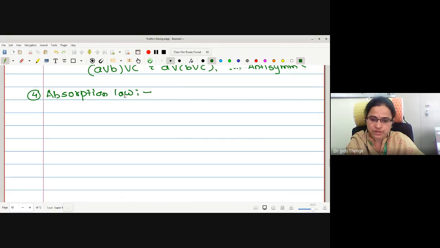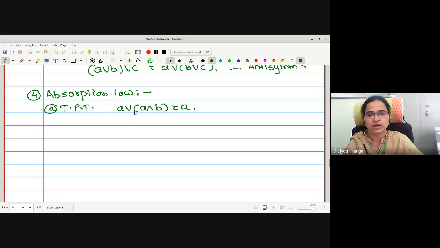What is absorption law? First, to prove that A join A meet B is equal to A. Here A repeats twice, B comes once, therefore B gets absorbed in A. Now to prove this, what will we do? We will start to prove that A join A meet B is the least upper bound of A and A meet B. Let us start.